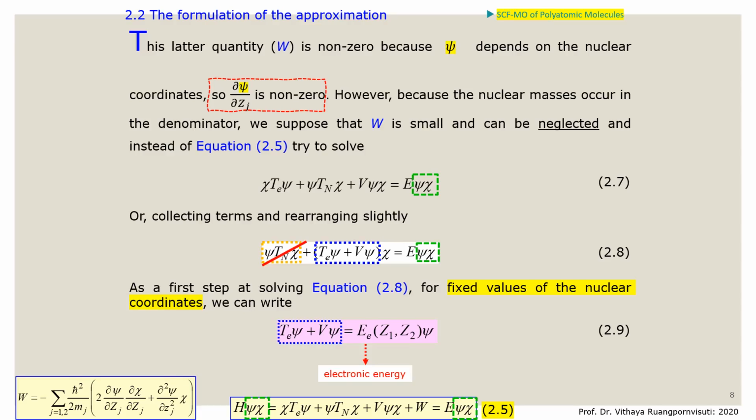Therefore, we can neglect this term, and the equation will be shortened as equation 2.9. The energy of the system becomes the energy of the electron, which depends on the coordinates of the nuclei.